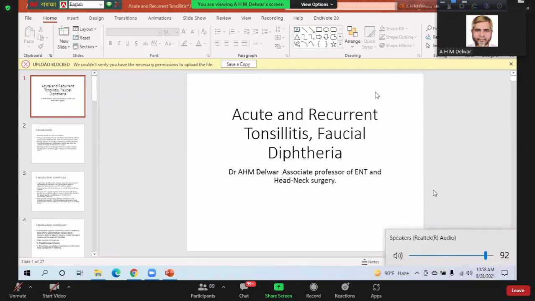And we ask the patient's attendant, mothers or fathers, parents, why is he or she snoring at night? And 90% of patients say that they are suffering from snoring.